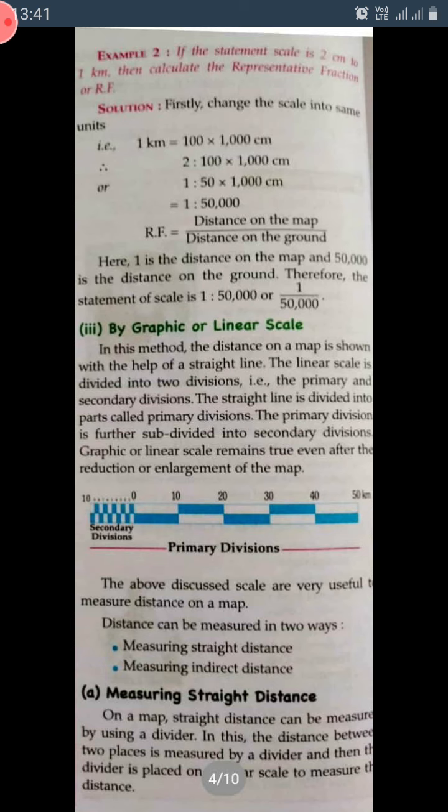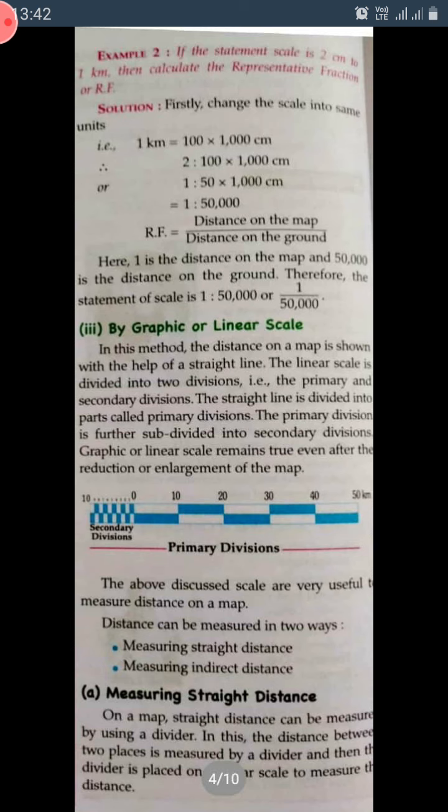Measuring straight distance, it can be measured directly by using the scale or with the help of a divider. The two legs of the divider are placed on the 2 points, and then by placing it on the linear scale the distance can be calculated.